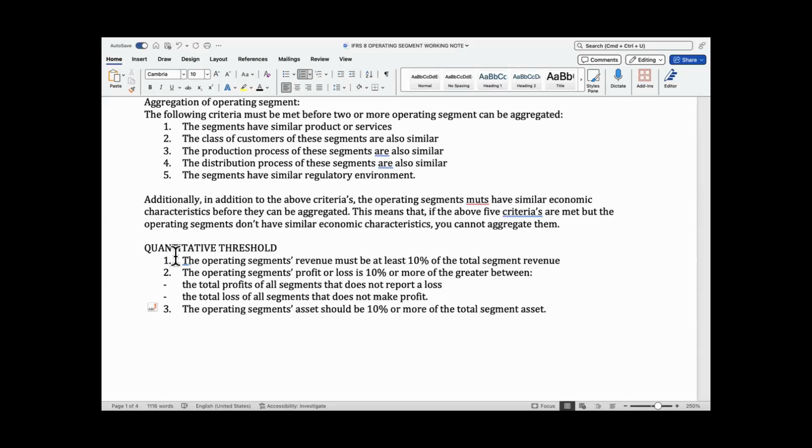They only need to meet just one of these. As soon as it meets one of these, then it is a reportable segment. Then you can go ahead and present segment information as you wish on such an operating segment.